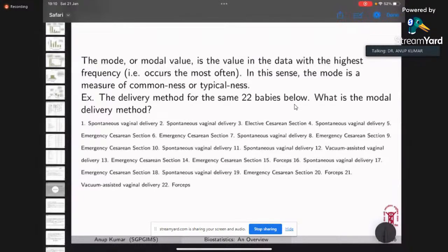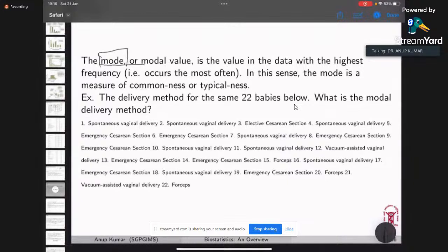But if your data is continuous and you want to summarize the data, one very less frequently used measure is the mode. You can calculate the mode, that is, which one is coming the maximum number of times.